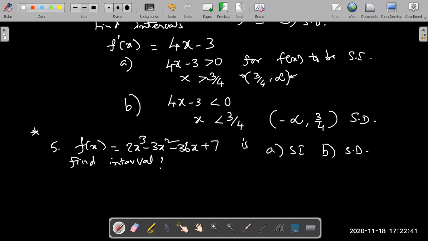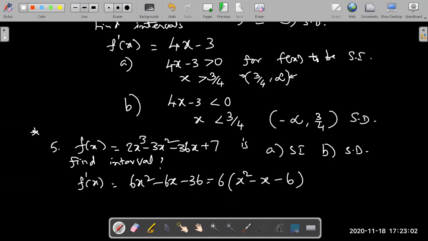So we differentiate. We get 6x squared minus 6x minus 36. So it's a quadratic. Let's simplify this. Take 6 common. You get x squared minus x minus 6. Then you have 6.